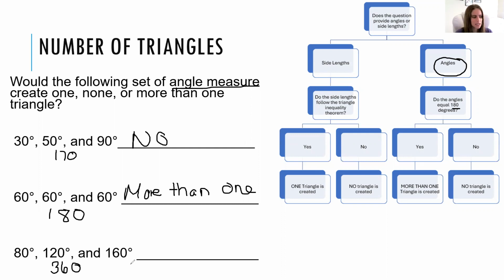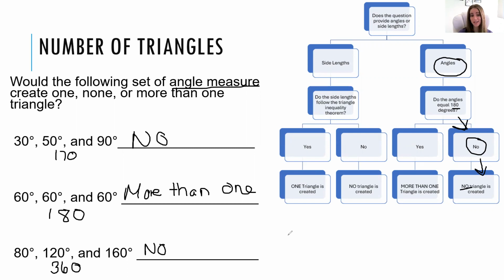Well, when we look at that, one thing to figure out is, does that equal 180 degrees? No, it does not. We have way over 180 degrees. Therefore, that set of angles would not create a triangle.